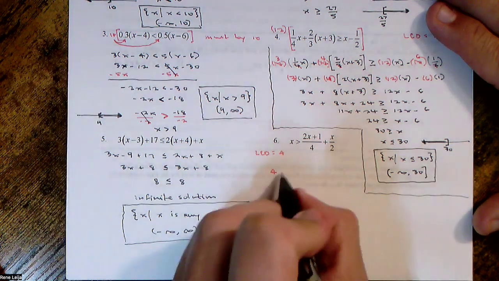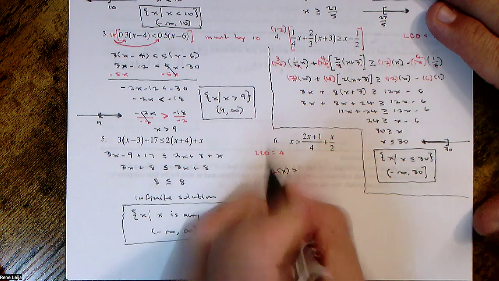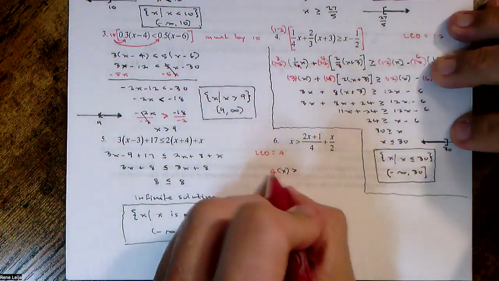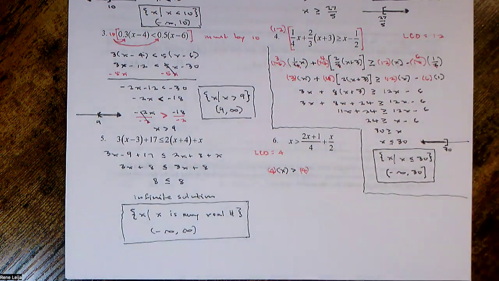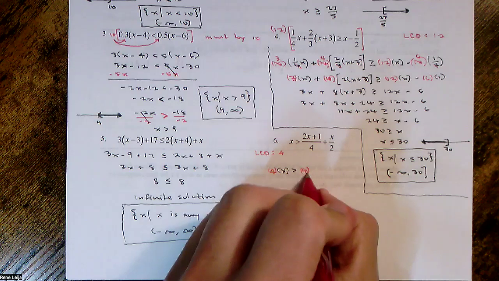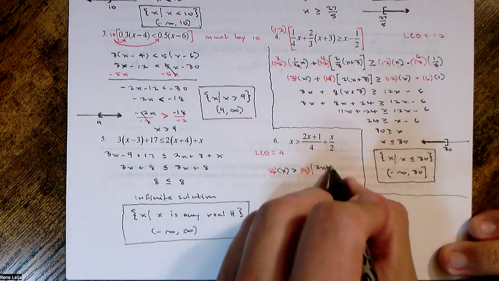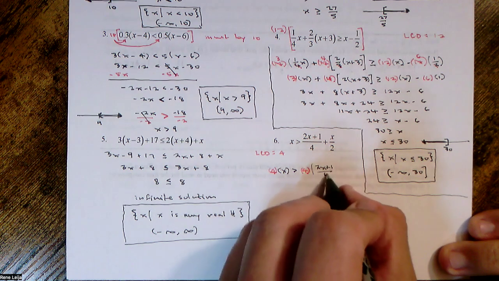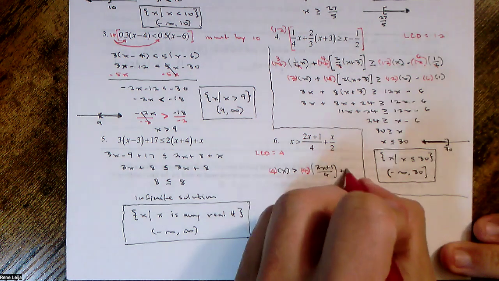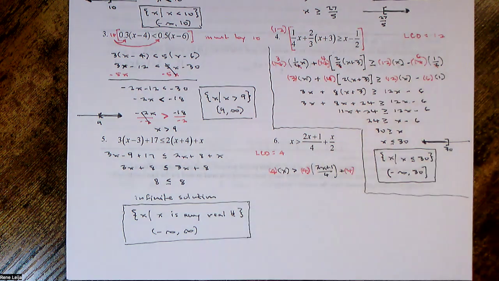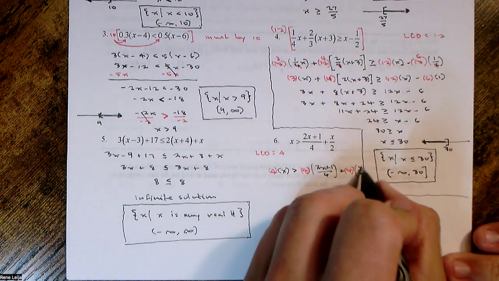So 4 times x is less than 4 times this 2x plus 1 over 4 plus 4 times x over 2.